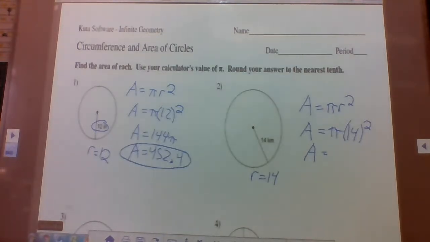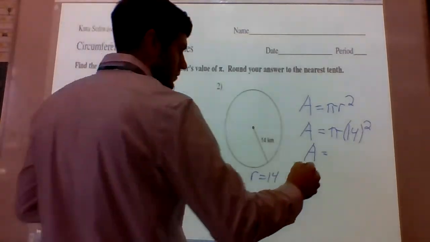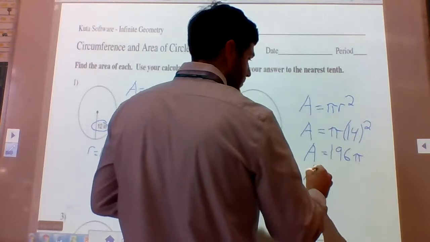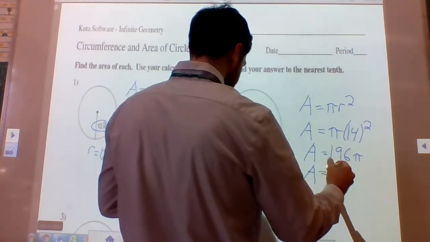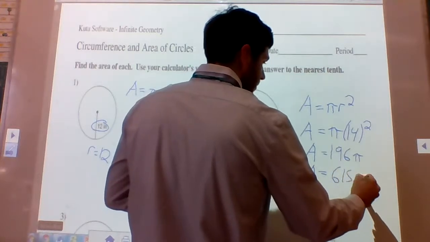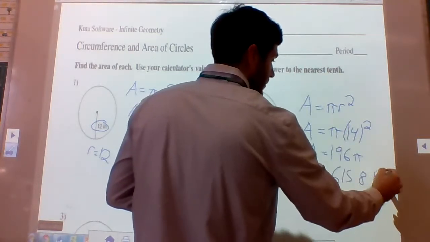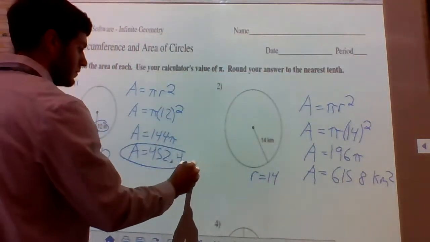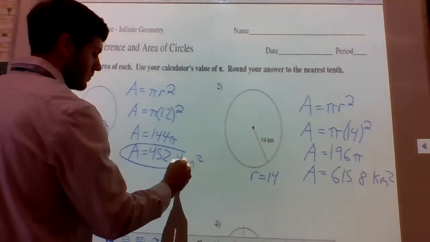And then we want to multiply by pi. Okay, so we get 196 pi. We want to round to the nearest tenths place, so that's going to be 615.8. And it's going to be kilometers squared. And this one was inches squared.